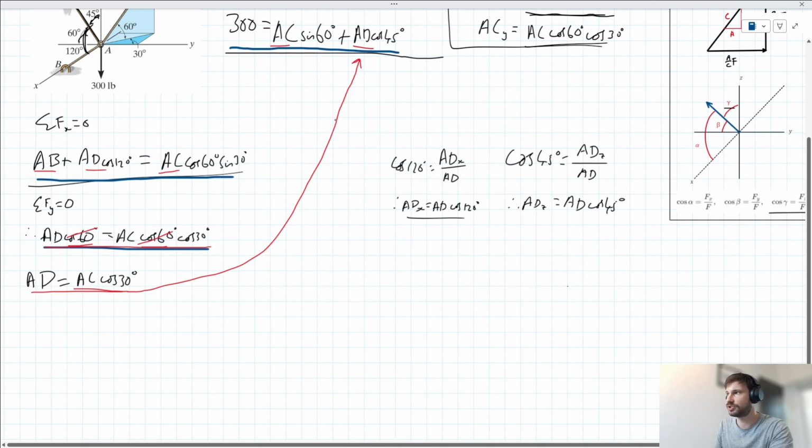So when we substitute that in for AD here, we're going to be left with 300 is equal to AC sine 60 plus AC cos 30 cos 45. Now we can factorize our right hand side.